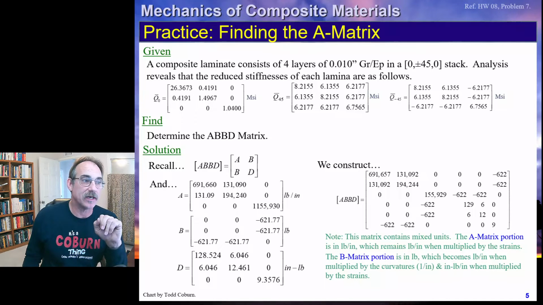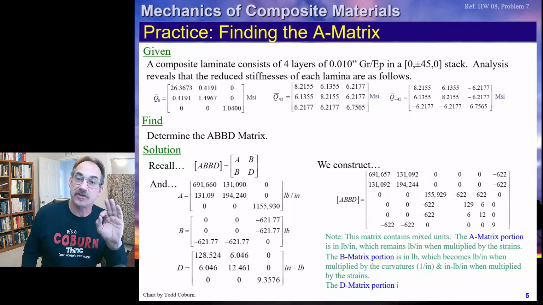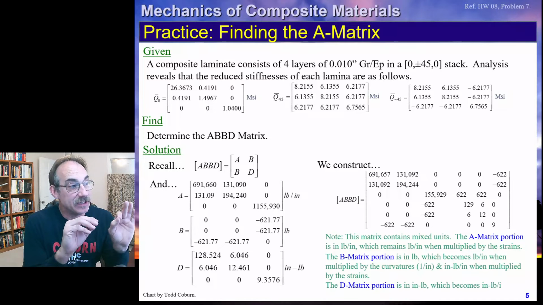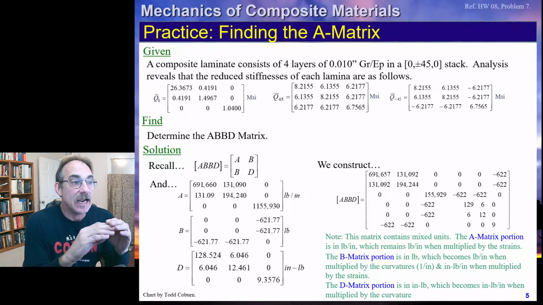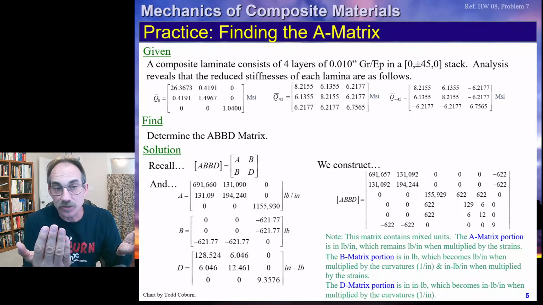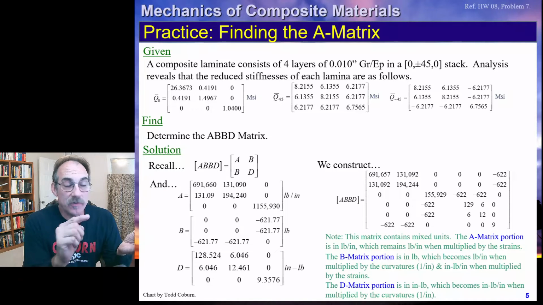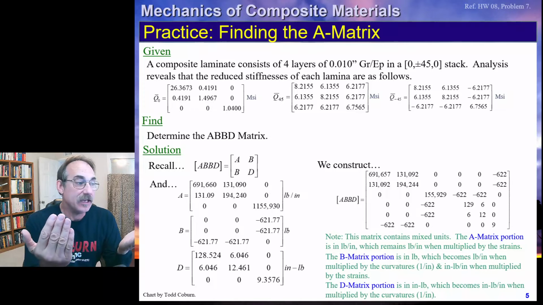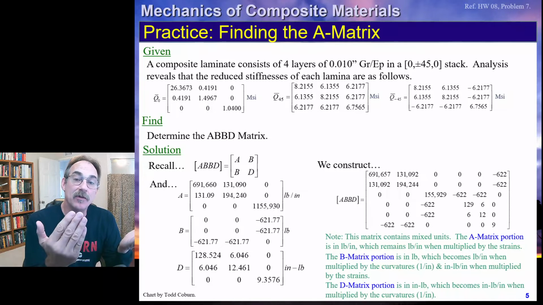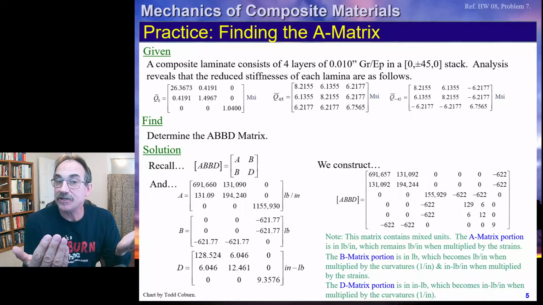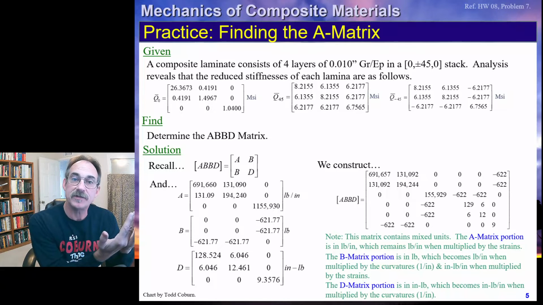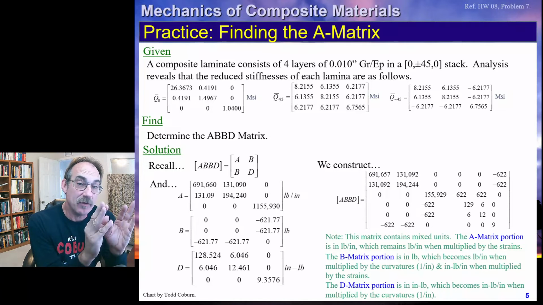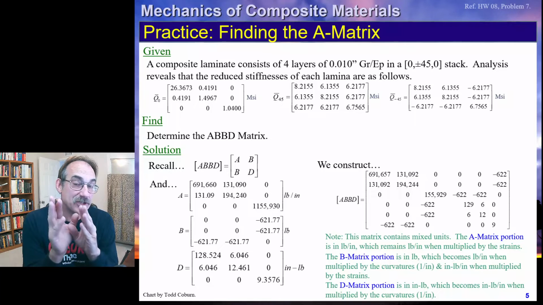The D matrix, which contributes to those same values, is in units of inch-pounds, and that gets multiplied against the curvatures, 1 over inch. So in the D matrix, inch-pounds gets multiplied by 1 over inches. That's going to end up in units of pounds, or inch-pounds per inch, which matches the units of our moments. It matches the units of the B matrix that was multiplied by the strains.